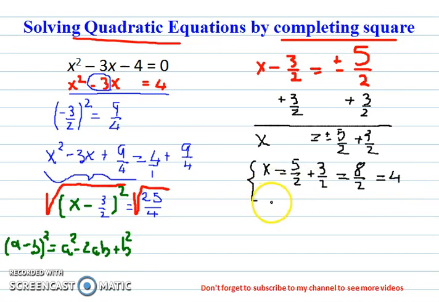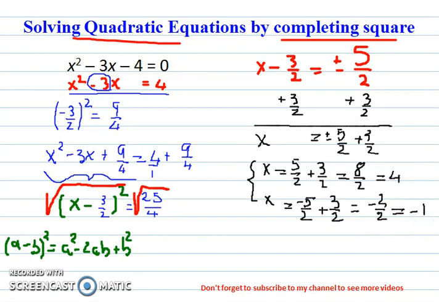And then we have a second solution that would be negative 5 over 2 plus 3 over 2. This would be negative 2 over 2, which is negative 1.